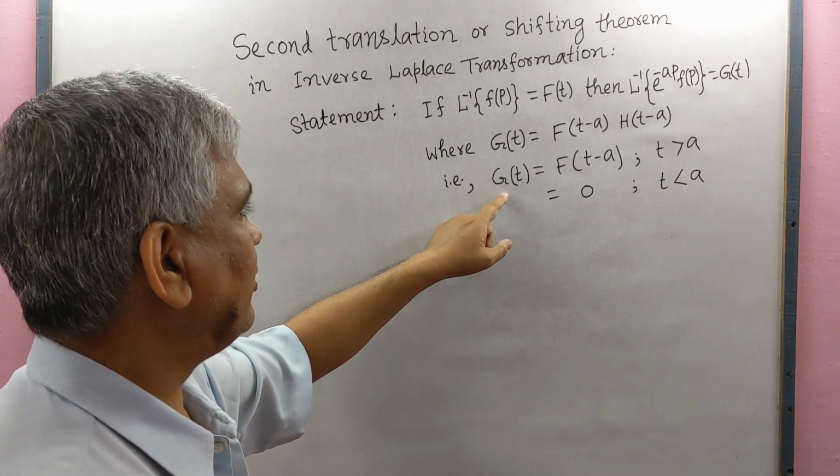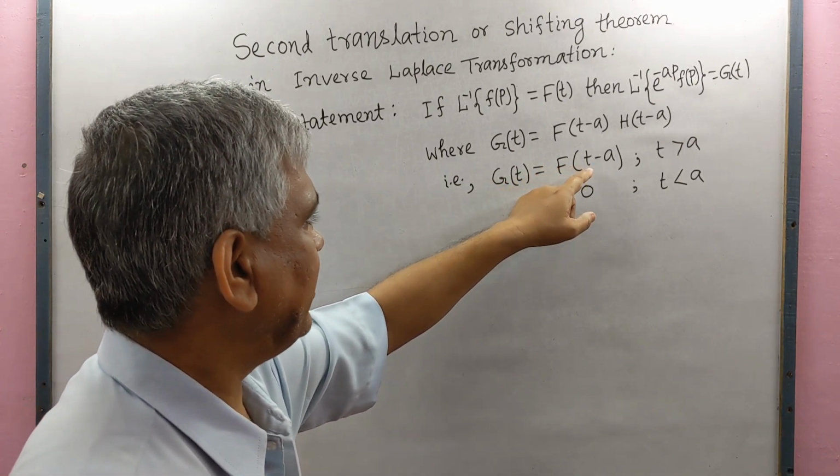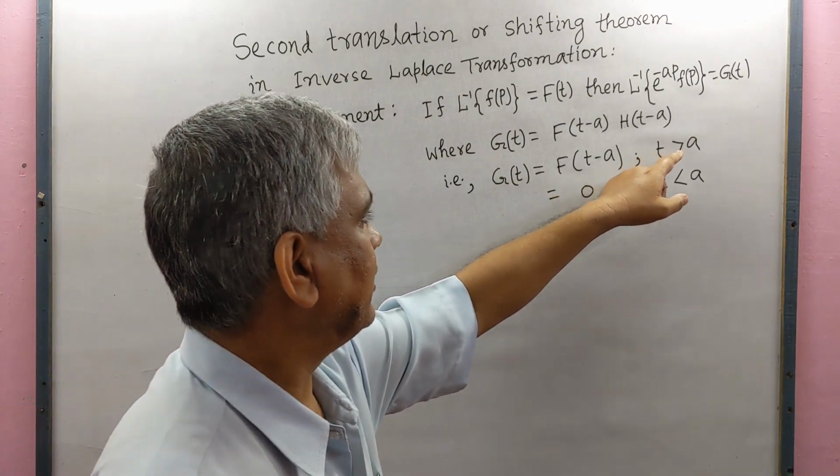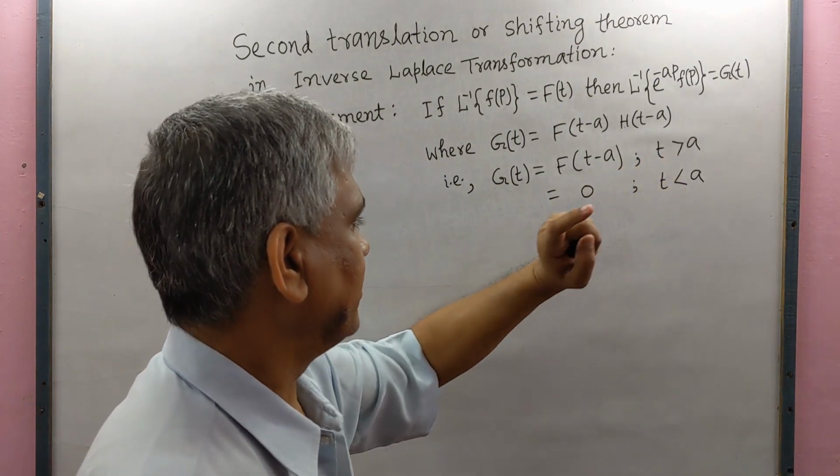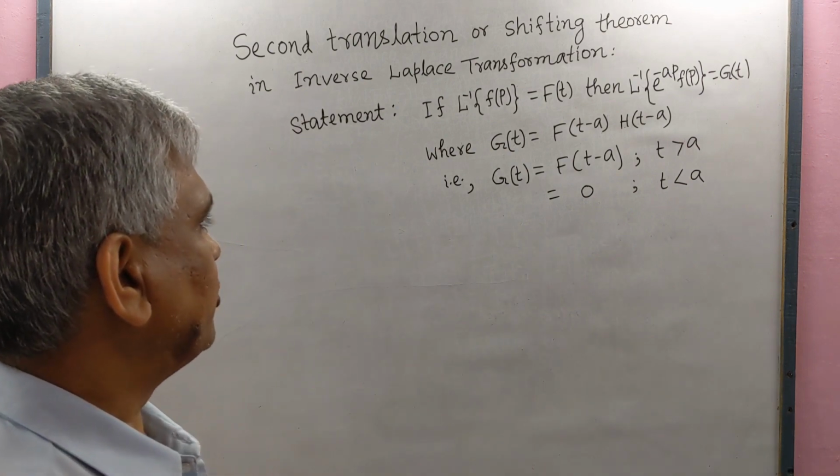That is, G(t) equal to f(t minus a) when t greater than a, and G(t) equal to 0 when t less than a. Now we shall prove this theorem.